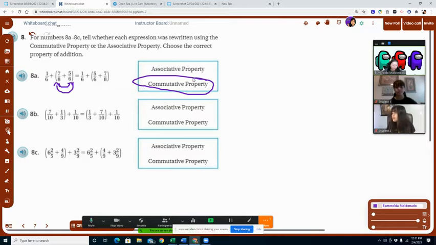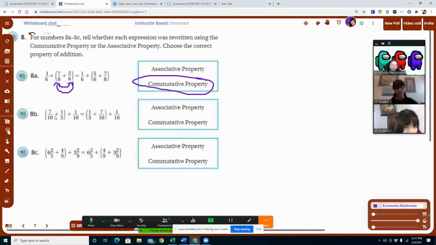Let's look at letter B. 7/10 plus 1/3, close parentheses, plus 1/10. And then they move it to 1/3 plus 7/10, and then close parentheses plus 1/10.